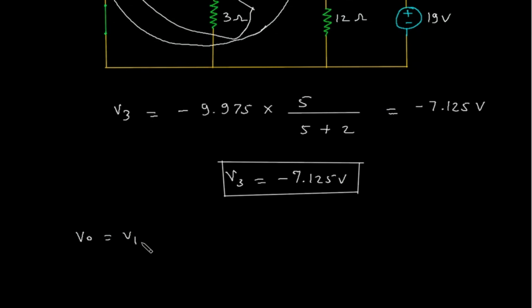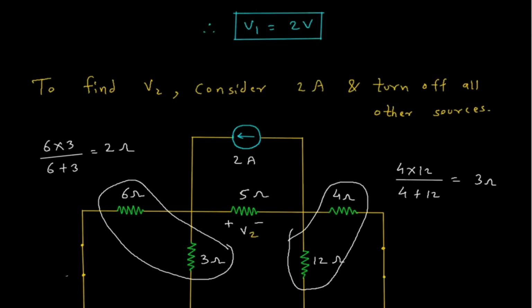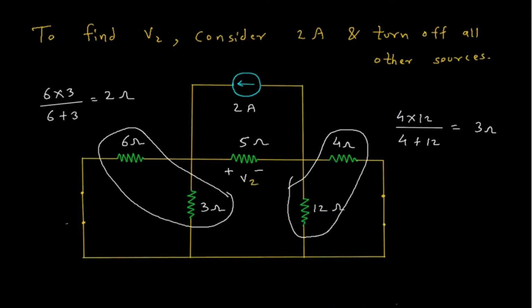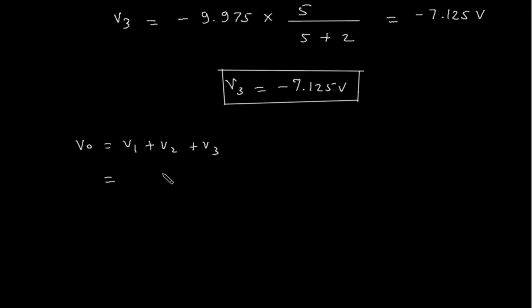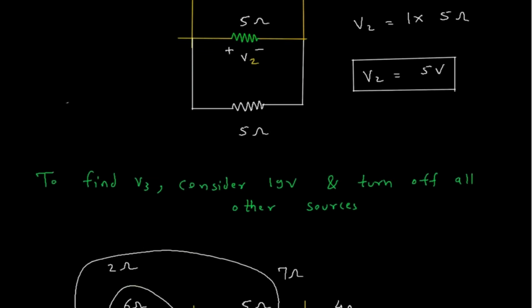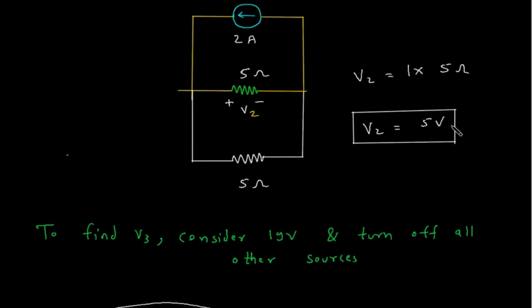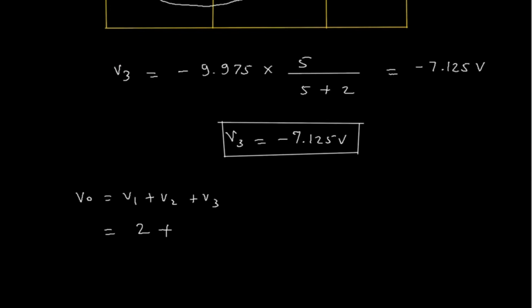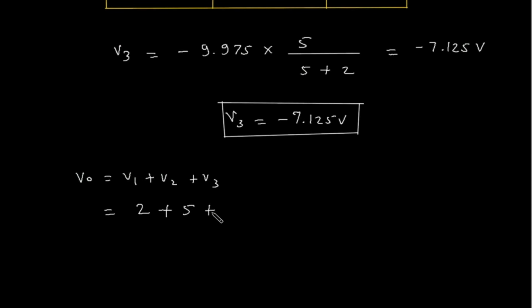VO is equal to V1 plus V2 plus V3. Now V1 is equal to 2 volt, plus V2 is equal to 5 volt, plus V3 is equal to minus 7.125 volt.